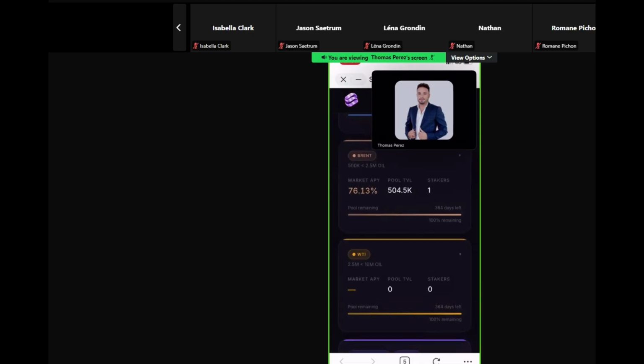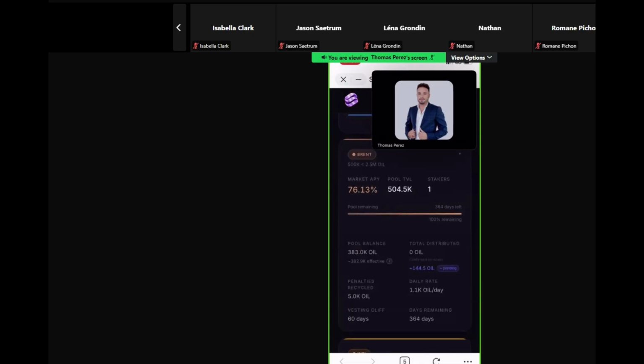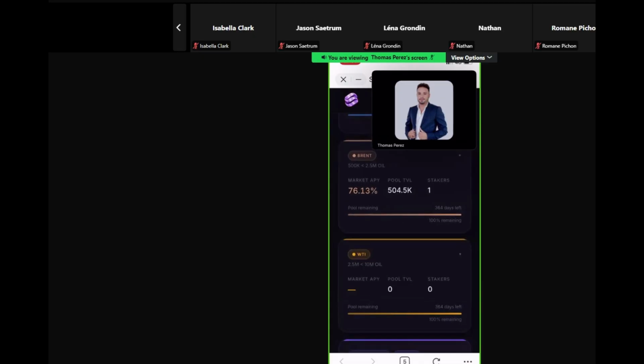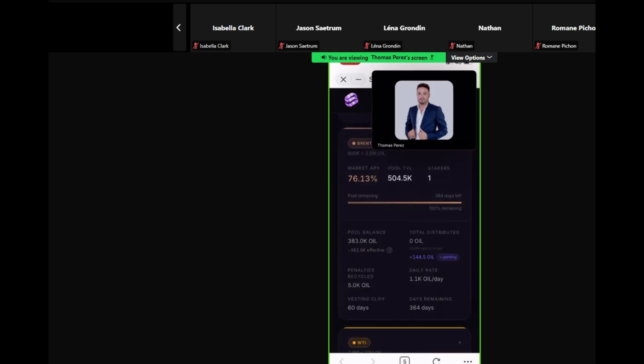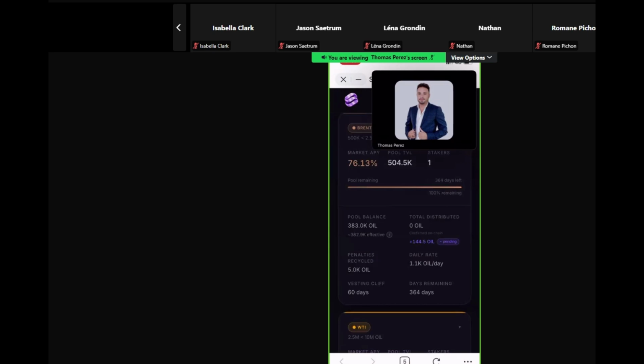If you click on the information, you see here. No, it's not here, but it doesn't work here. You can see above the 383,000 oil, you have the effective, which is basically the original amount of the pool minus the pending reward. And you can see them in purple, which is pending. This is estimated.